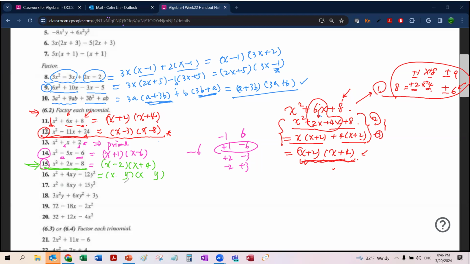So you can factor this part: (x + 6y)(x - 2y).